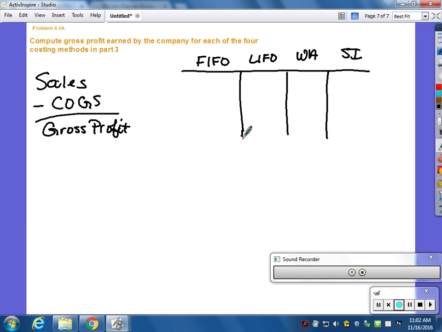If you look at what was sold under FIFO, you sold 100 units at $50. You sold 320 units at $55. 80 units at $55 and 80 units at $60. That's the cost, but we need to figure out how much it cost us as well as what was the actual sale.